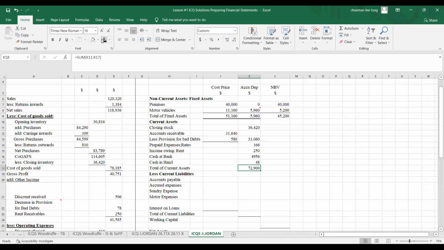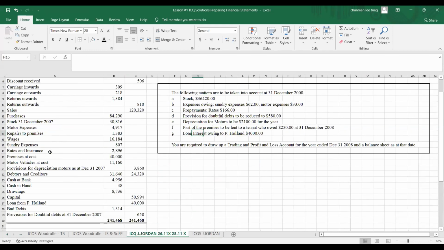So this is a good way for you all to really pay attention to what I have here as a format. So we get our total current assets. We are now looking at current liabilities. In the question, it had it as 24,320, just verifying.